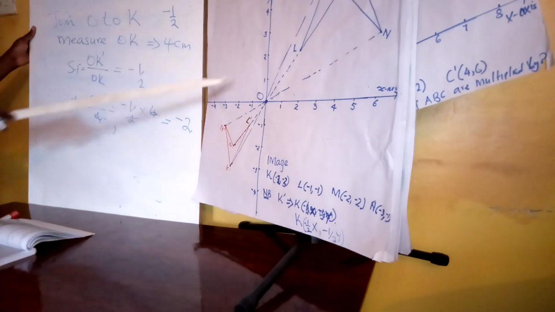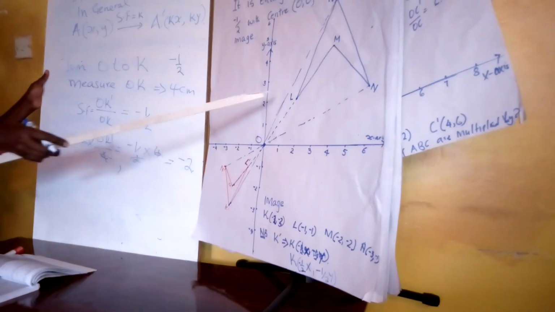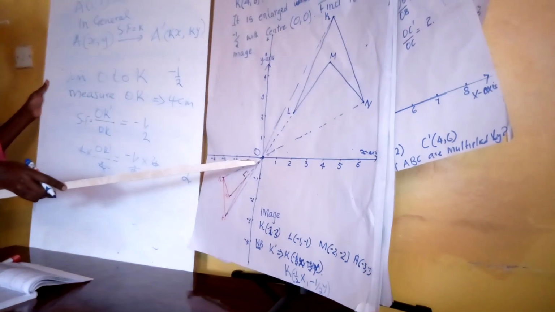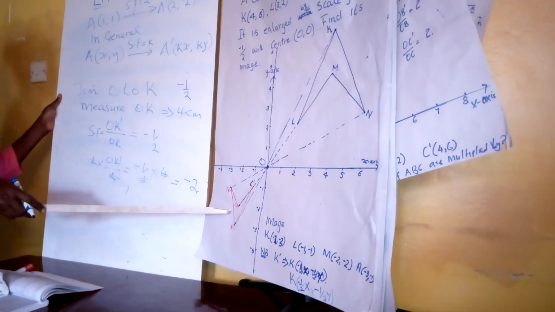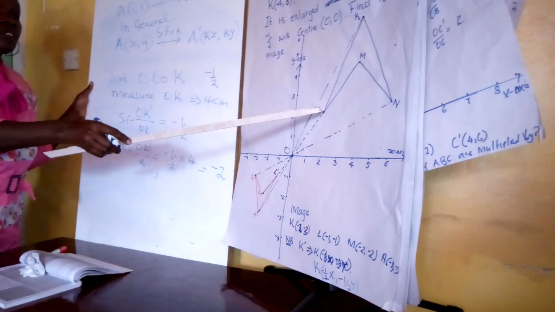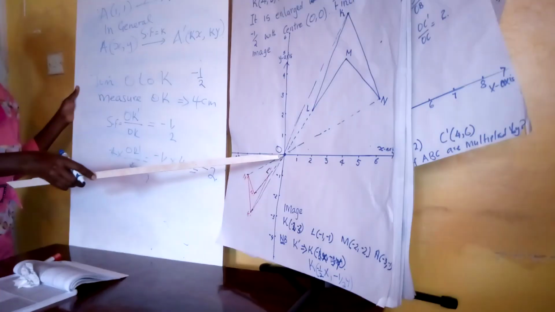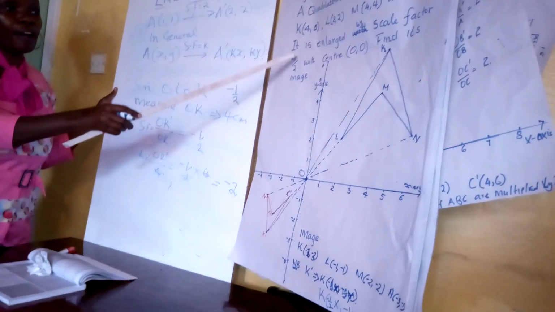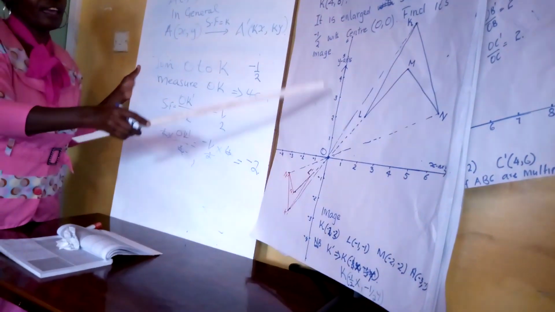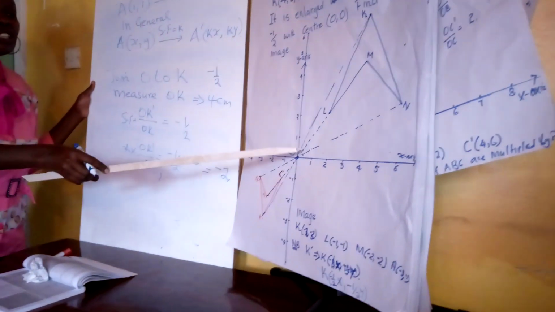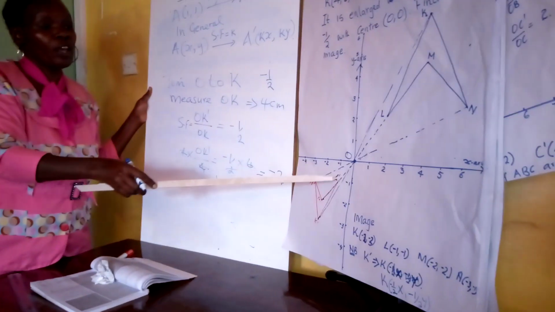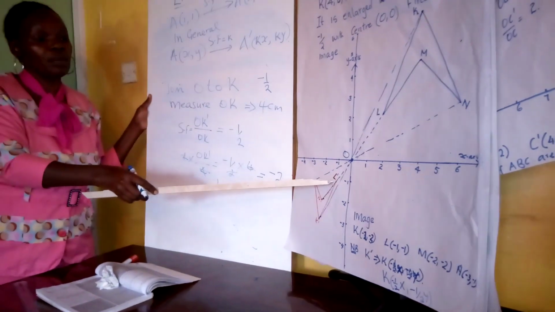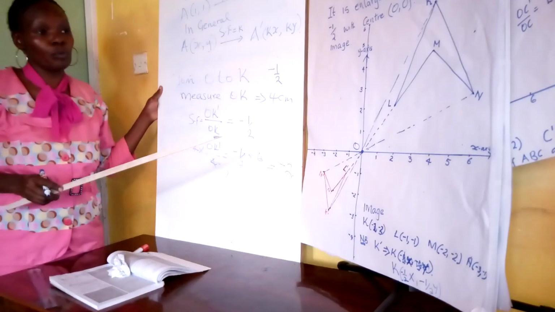You are going to repeat the same process for L. Join L to O. Then extend the line on this other opposite side. Whatever measurement you get of OL, multiply by a half, and then you measure whatever product you get on this side, and where you get that measurement, that is where your L prime will be.